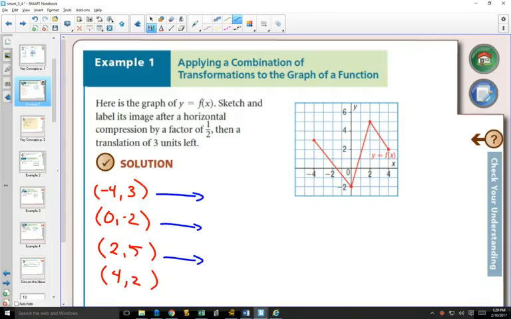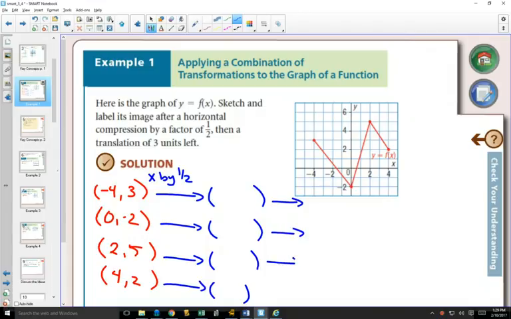Our first set of arrows is always our stretches and compressions. In this case, we want a horizontal compression by 1/2, so we're multiplying x by 1/2. And then, translation second, we're going to move this one 3 to the left.